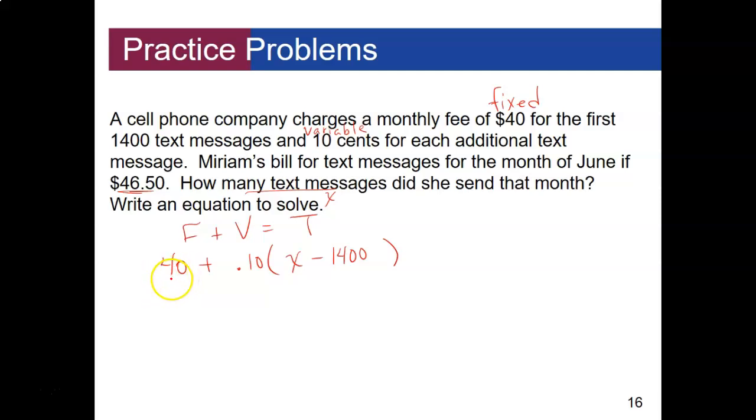Once I pass the 1,400, then I have to start paying. So if I had 1,410 text messages, I'd only have to pay for 10 of those additionally. That's why I want to do X minus the 1,400. And altogether, that's going to equal 46.50. So here's my equation, and then I'm ready to solve this.